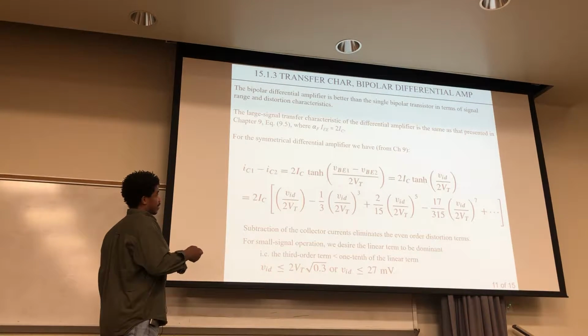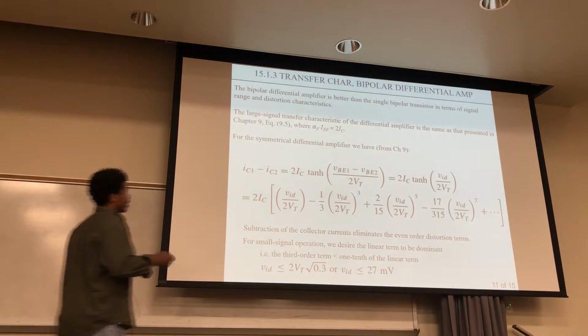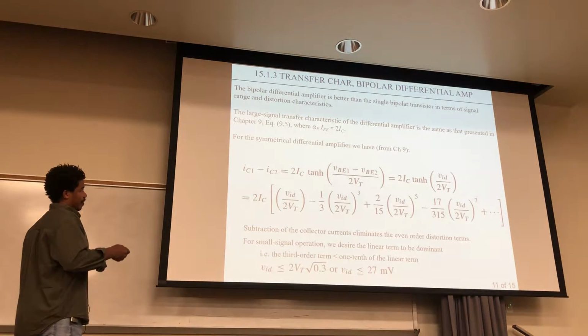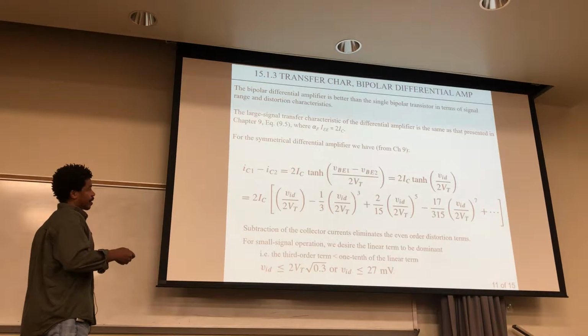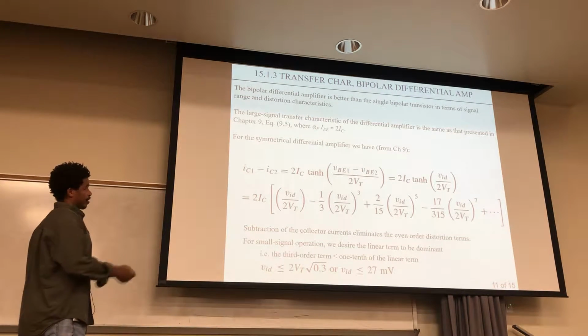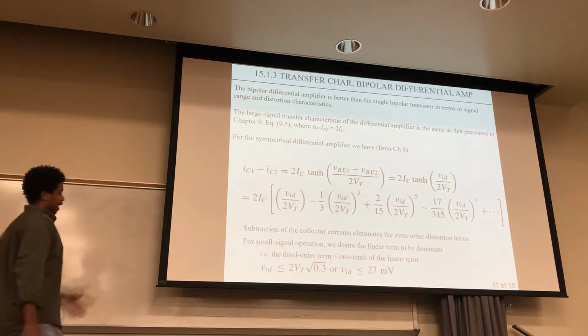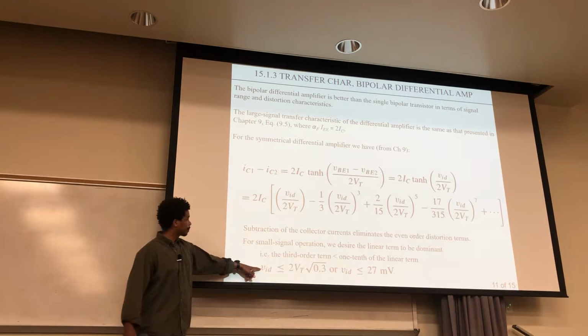You want to make sure that this term right here is 10 times smaller or more than this term right here, the linear term. So if that's the case, if this is 10 times or more smaller than this term, then you can get rid of this term and all the ones that follow. And then you can just linearize around there.